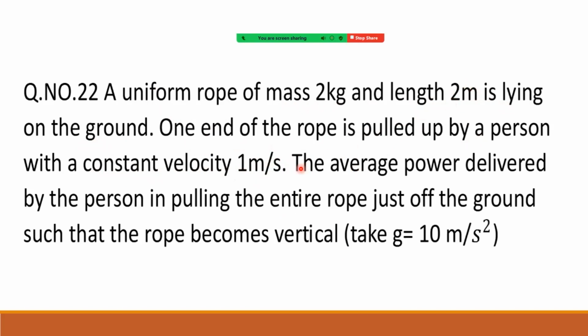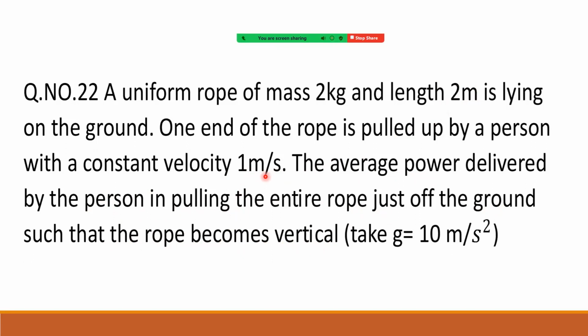So length given 2, velocity 1. Find the average power delivered by the person in pulling the entire rope just off the ground such that the rope becomes vertical. So the time taken, length is 2, velocity 1 meter per second, so it takes 2 seconds for the rope to become vertical.